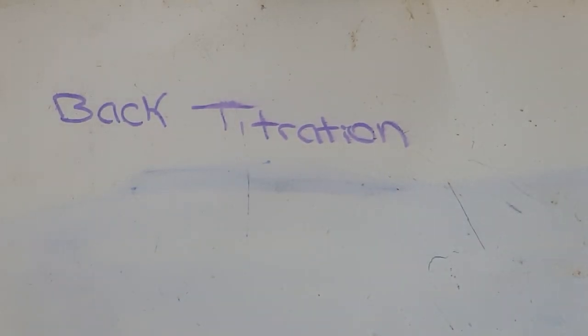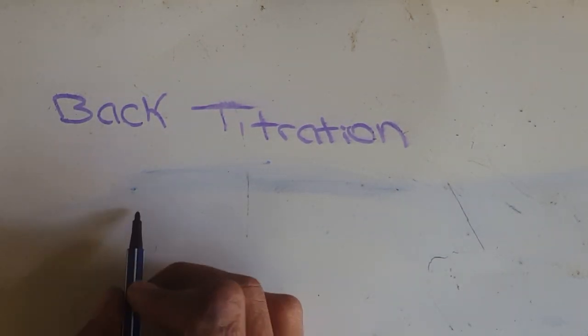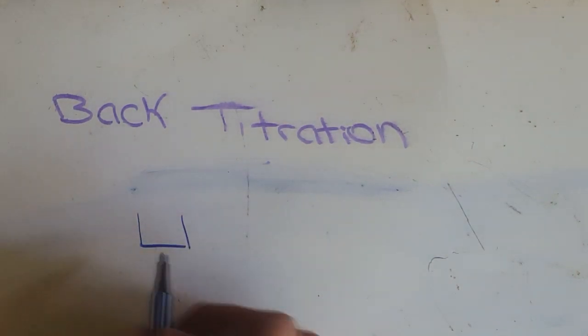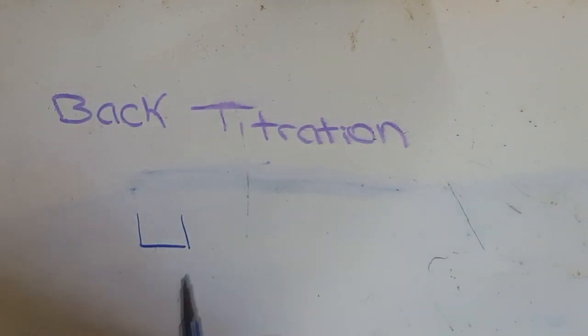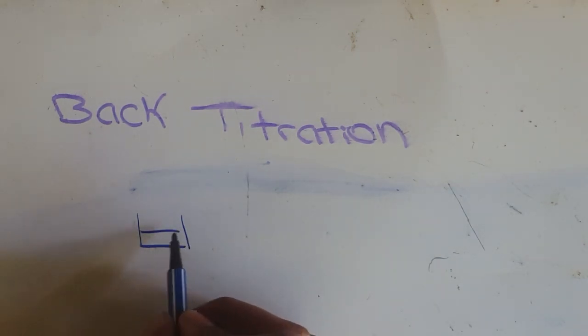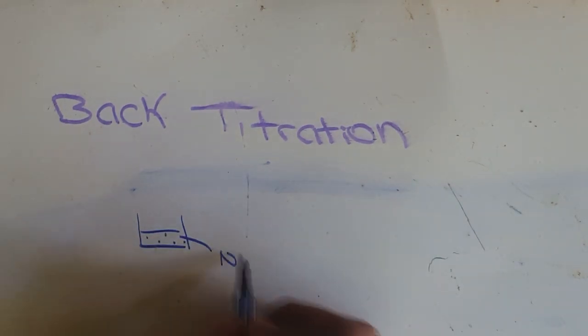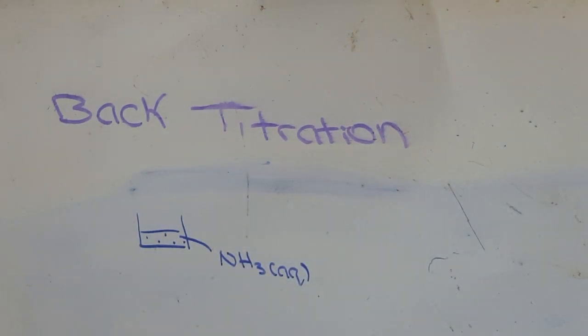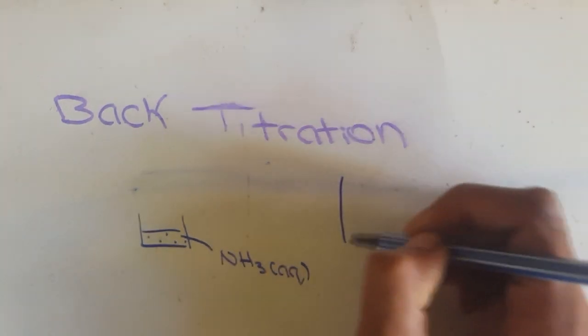So how does back titration really work? Let's just take an example. So let's just say you have a relatively weak base that is volatile. So let's say ammonia. And you titrate this with a strong acid.